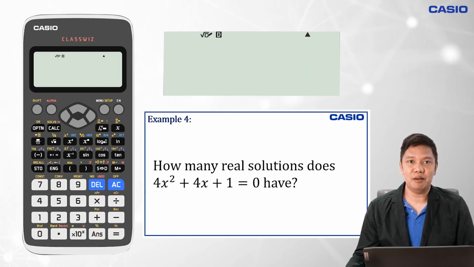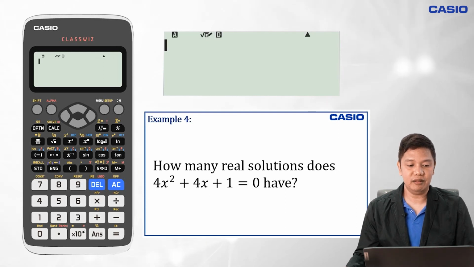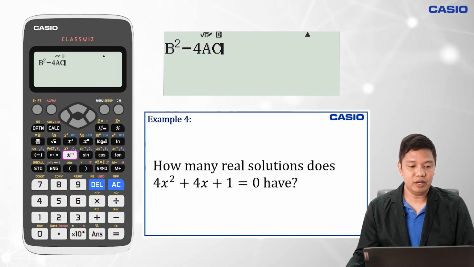And for the last example, we are asked how many real solutions the equation 4x squared plus 4x plus 1 equal to 0 has. Again, to do so, we need to get the value of the discriminant. Doing so, we have alpha, the degree minute second button, squared minus 4 times the variable a, and then the variable c.